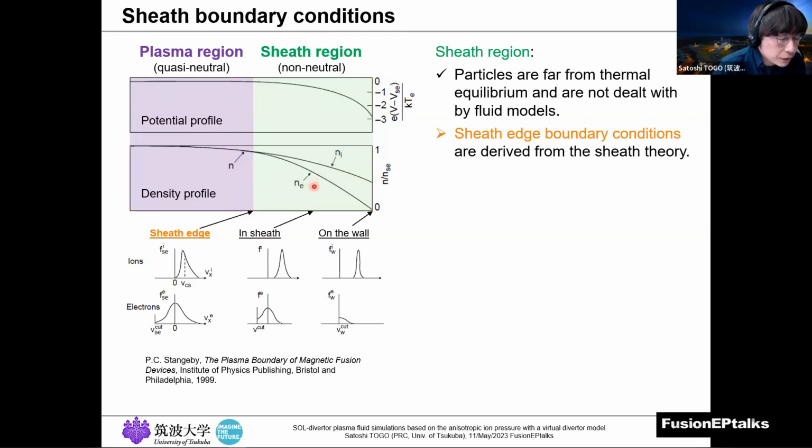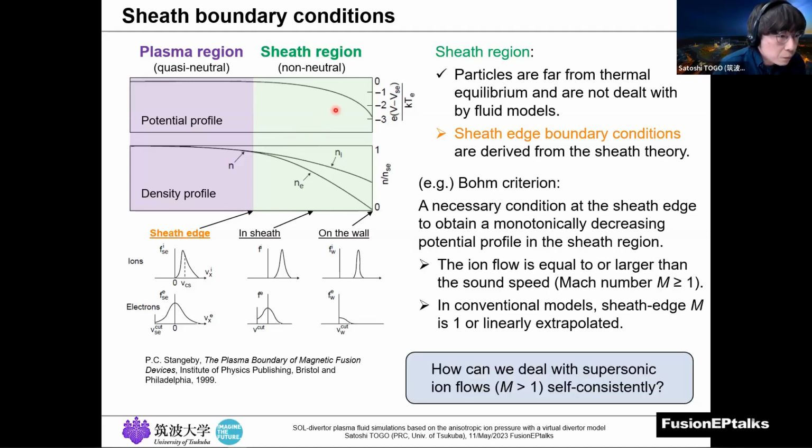Because particles here are far from thermal equilibrium, plasma fluid models do not deal with this sheath region. Instead, they only deal with the quasi-neutral plasma region by imposing the sheath edge boundary condition derived from the sheath theory.